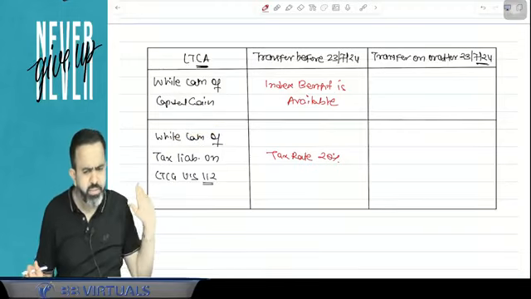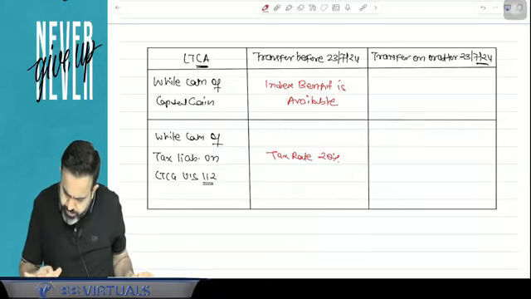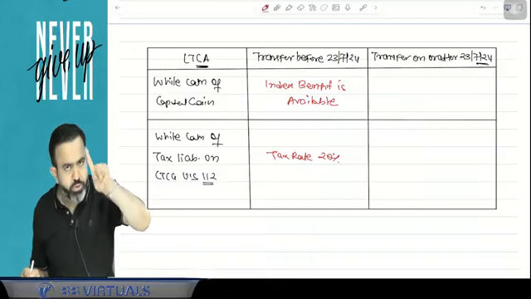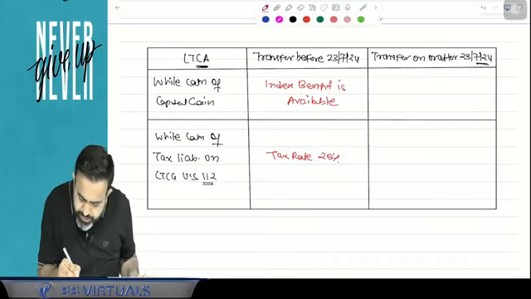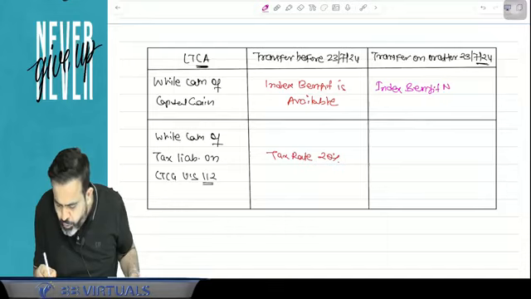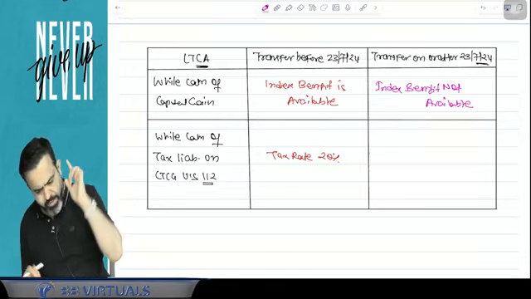Tax rate is 20%. But guys, suppose if the asset is transferred on or after 23rd of July 2024 and it is a long-term capital asset, then first point is index benefit not available. In any case, this index benefit is not available.